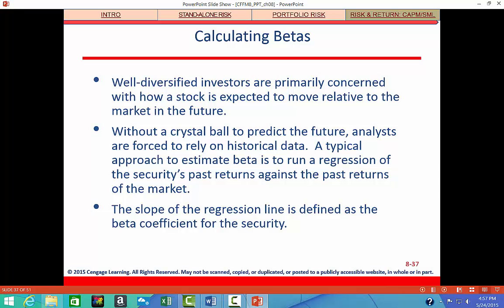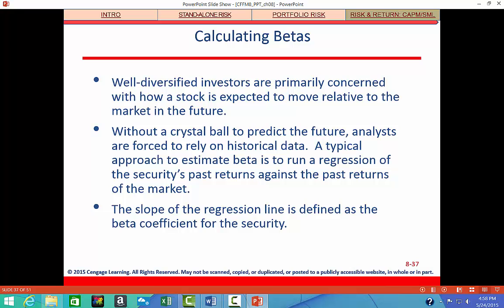And so how do people calculate these betas? You can look on Yahoo Finance, look up AT&T or Google or ExxonMobil, and you can find what their betas are. Pretty much you have to run a regression.